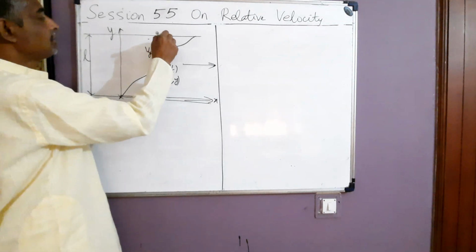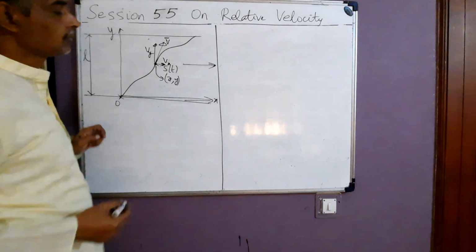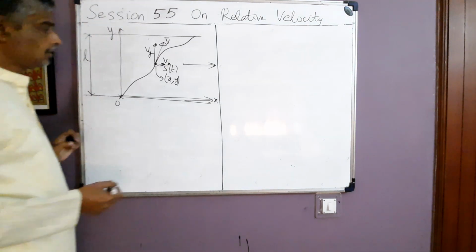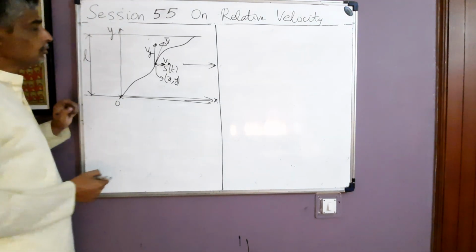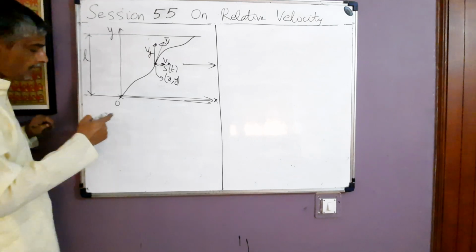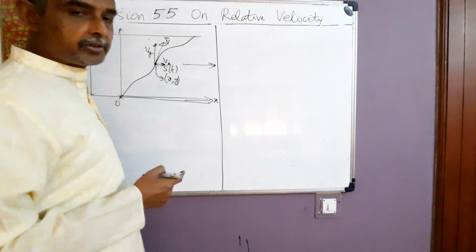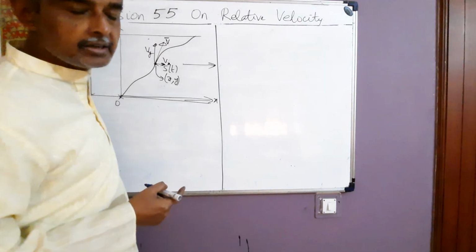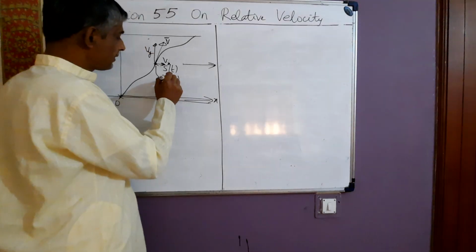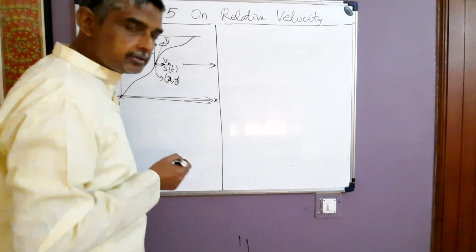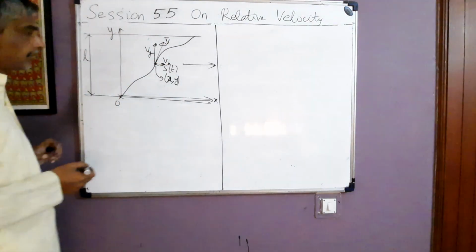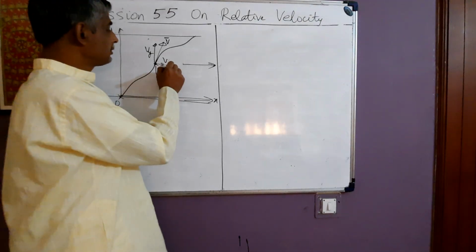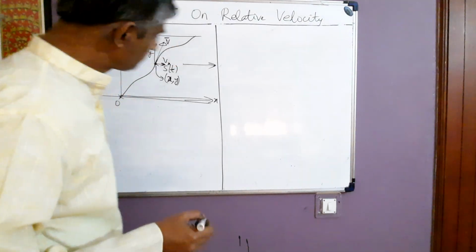And v is the velocity of swimmer with respect to ground. Now, we have to determine the Cartesian equation of trajectory of the swimmer, that is, the relationship between x and y has to be determined.